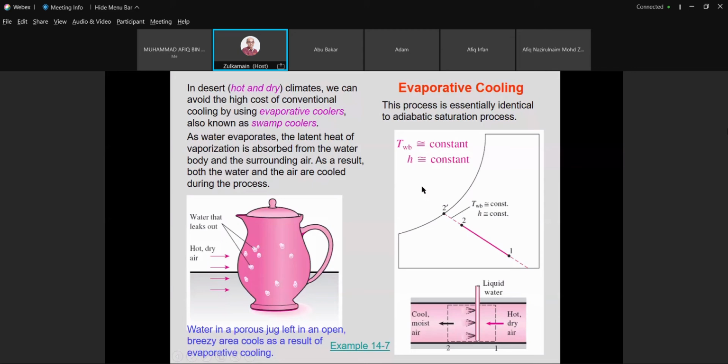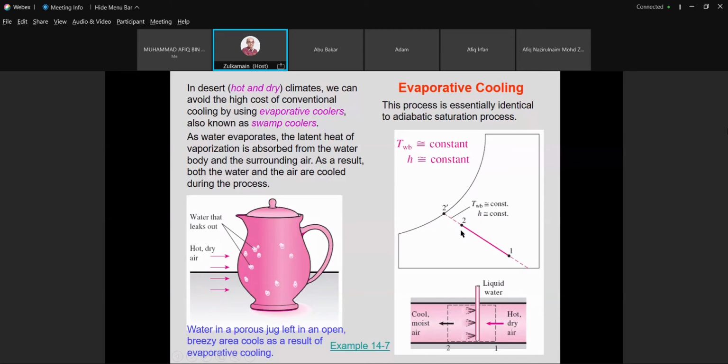So the temperature inside this is equivalent to the wet bulb temperature, whereby we are having this wet bulb temperature from 1 to 2, the cooling process, right? So this temperature is equivalent to this wet bulb temperature.